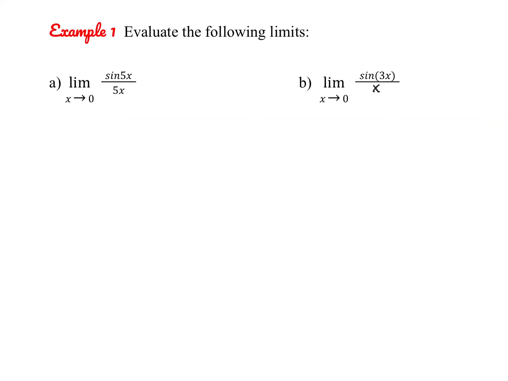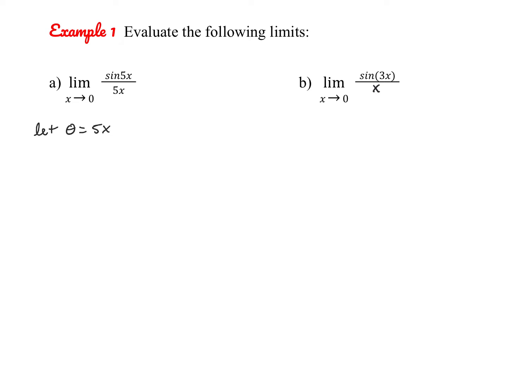All right, so before we get to our derivative rules, we're going to try evaluating some limits using those definitions from the previous slide. So this first one, we have the limit as x approaches 0 of sine 5x over 5x. So we can do a little manipulation to use that definition from the previous slide. So let's let theta equal 5x.